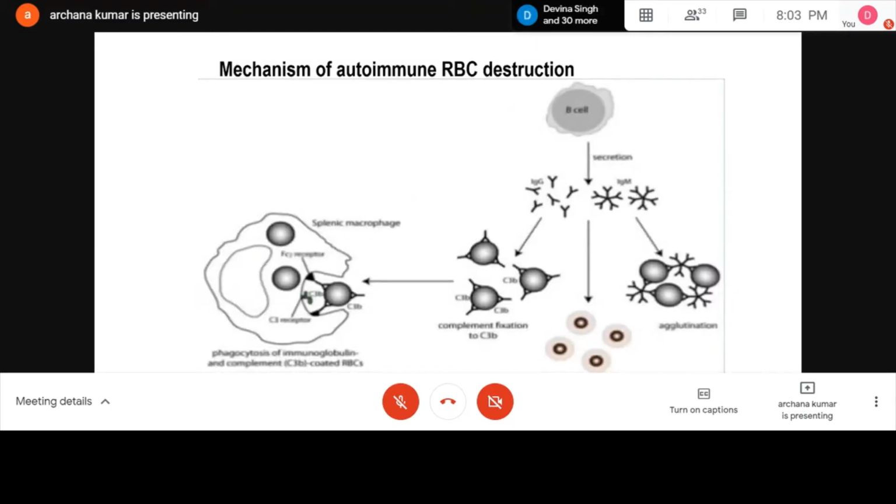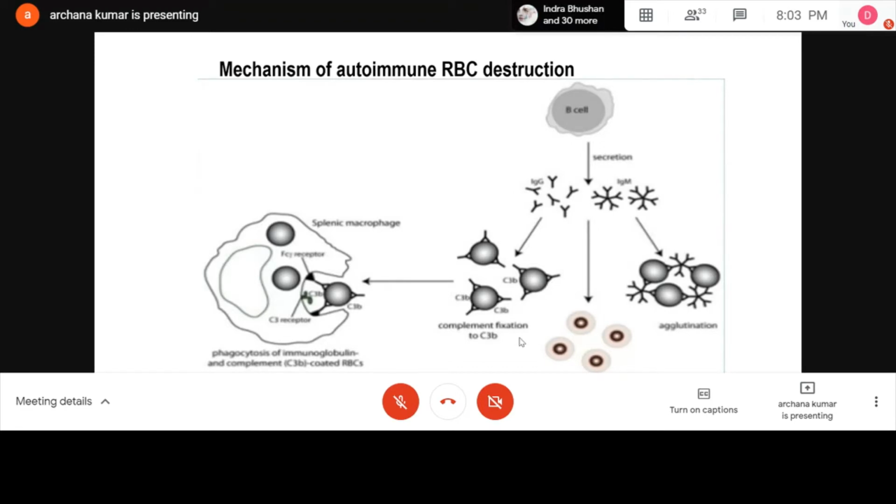So what is the mechanism of autoimmune RBC destruction? The antibodies are mainly formed by the B cells. If it's the IgG class, they go and coat the RBCs, directly coating the antigen, and they may directly be phagocytized by the splenic macrophages. Therefore, they will be producing extravascular hemolysis.